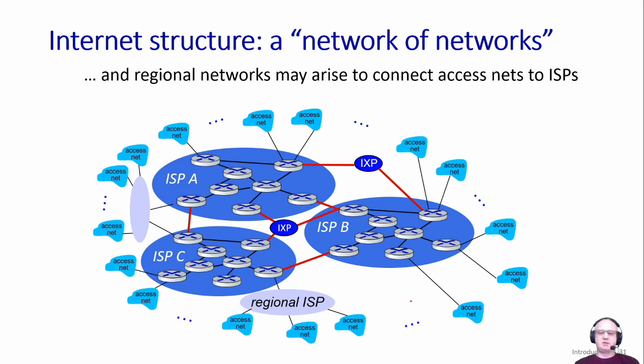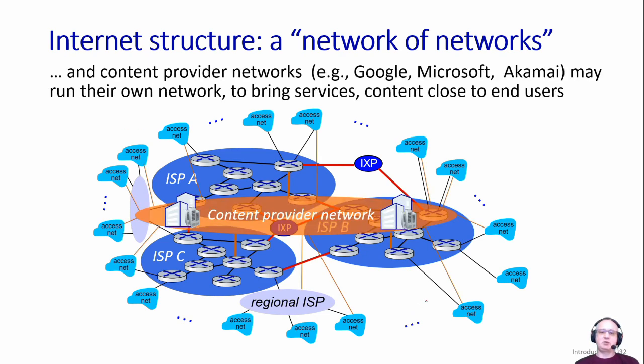And as a third part, this is something that has happened in the last decade or so, and this is the emergence of large content provider networks. Google, Microsoft, Akamai, which is a company that runs so-called content distribution networks. Three examples. So Google serves a lot of data, and they certainly do not want to pay an upstream provider to carry this traffic, right?